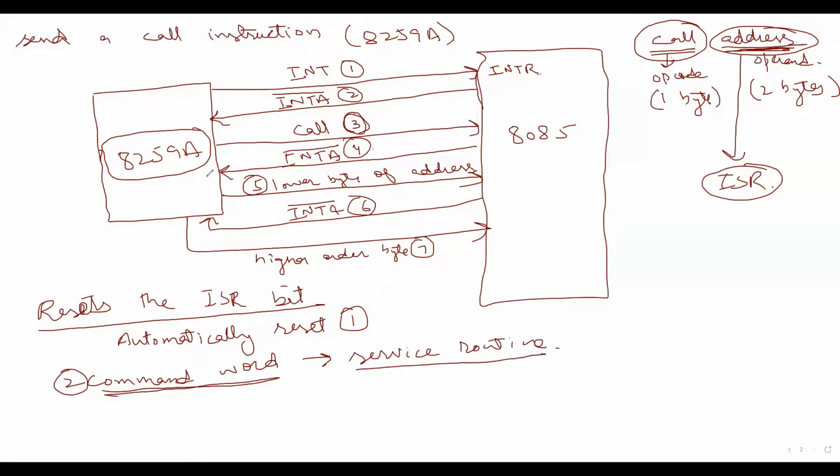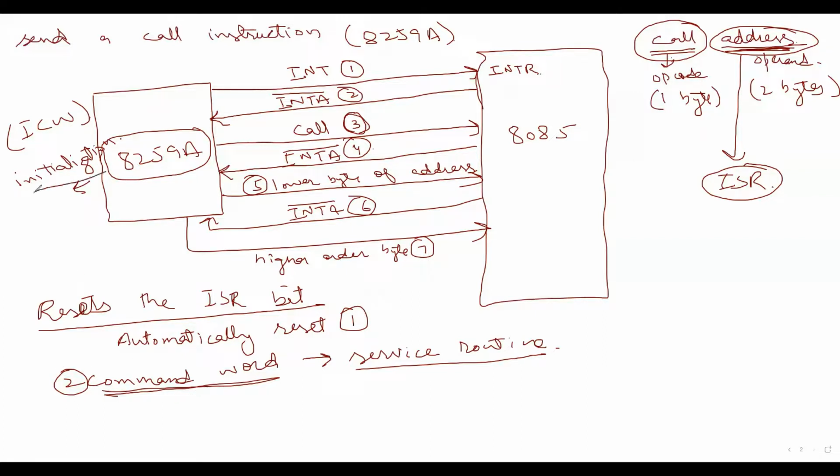Now my microprocessor should know whether I have to apply the first option or the second option. This is done during the initialization itself. During initialization, we have provided the initialization command words, and from these words we determine whether it has to reset automatically or with the help of a command word.